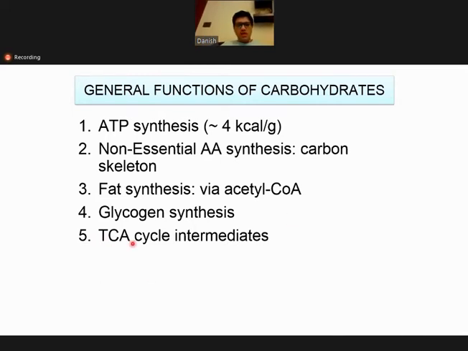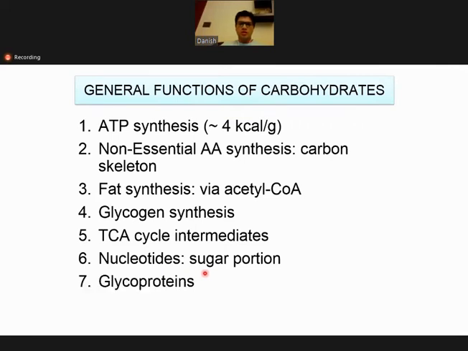Then we have TCA cycle intermediates, as we already talked about, the non-essential amino acids which are synthesized from the TCA cycle intermediates; they are also synthesized from the glucose residue, that is, carbohydrates. Then the sugar portion of the nucleotide, the ribose or deoxyribose sugars, are also synthesized from carbohydrates.